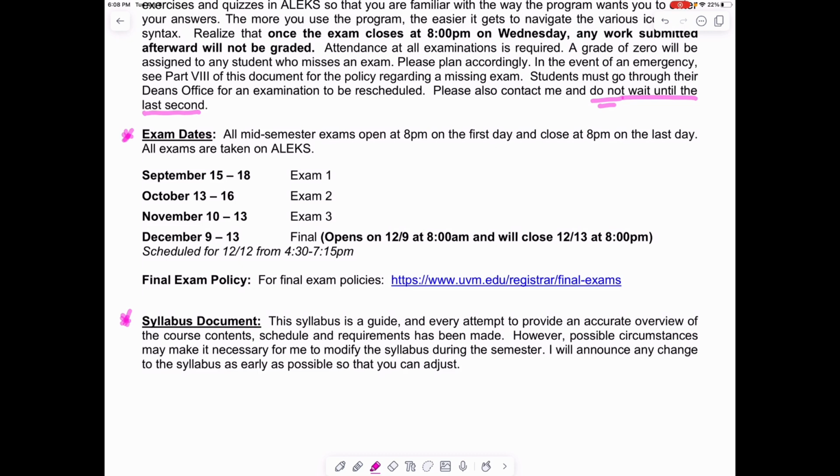But there might be a necessity to change some aspect of the syllabus. I'm not saying I will, but you never know what's going to happen in the future. So if there are changes, I will definitely make sure that I announce those changes to the syllabus and to the class as early as I can, to make sure that you're all aware and well adjusted to the change.